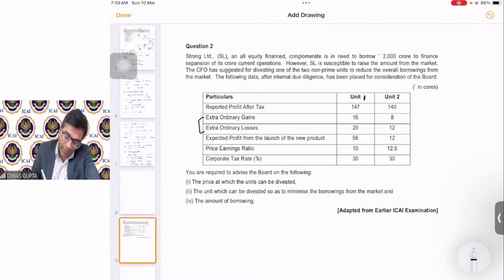First of all, students, basis whatever information that has been given to you, which method do you think you can apply? The price at which units can be divested, which method do you think you can apply? Students, come on, tell me.